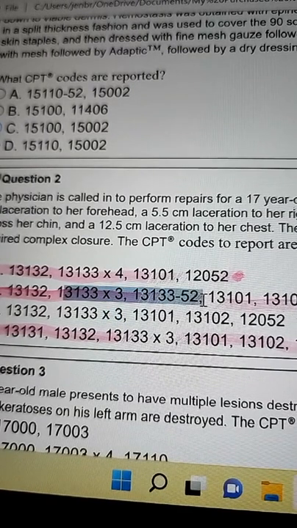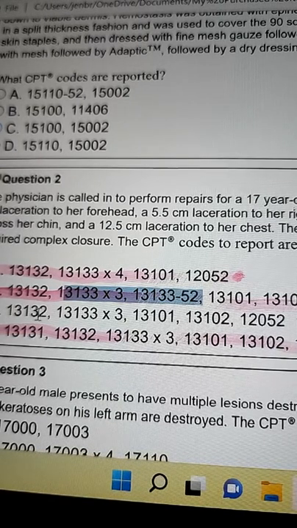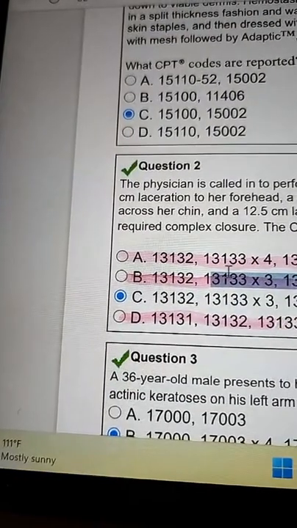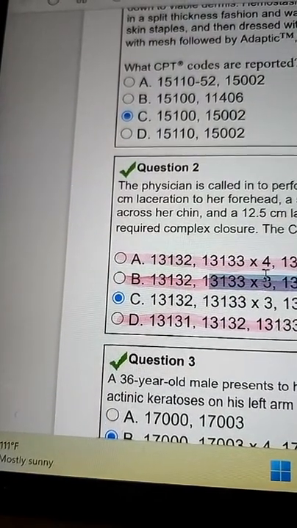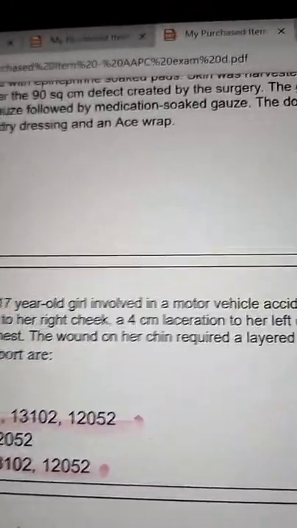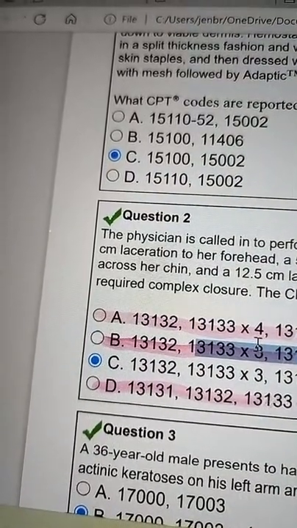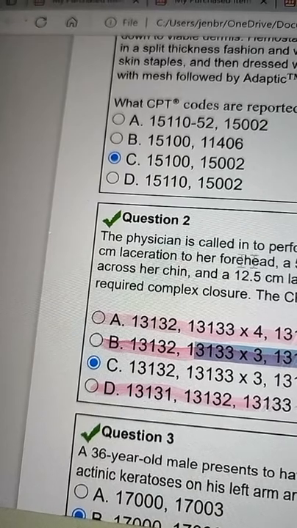We don't do 52 modifier on integumentary anyway. That's reduced services. So I would just get rid of that and then just pick C and run with it. I would just guess that and move. It's the right answer, but ain't nobody got time during the CPC exam to figure out all of that exactly. You just don't, but I'll explain it properly.